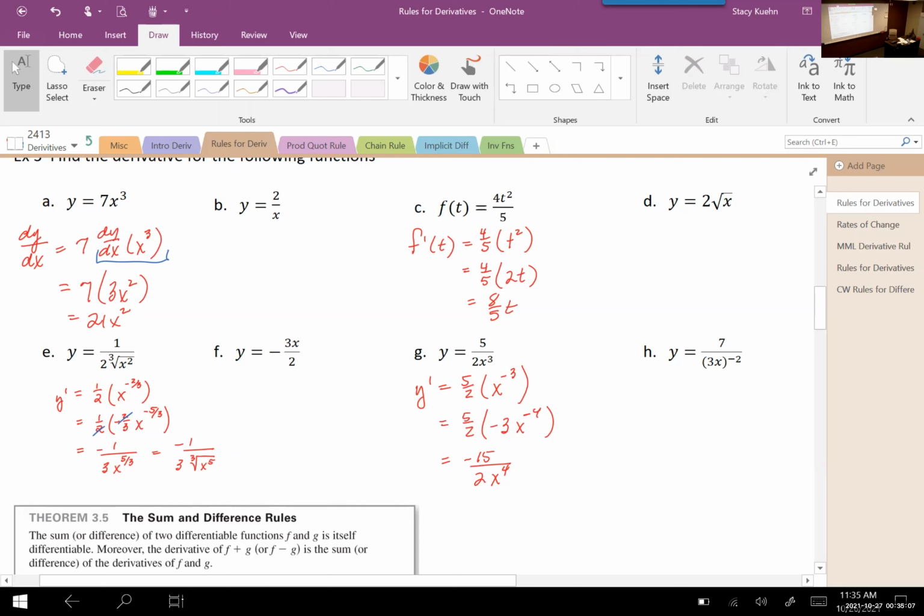That x is gonna move down to the denominator. So this comes in front, and then you're subtracting it by 1, right? That's the rule.